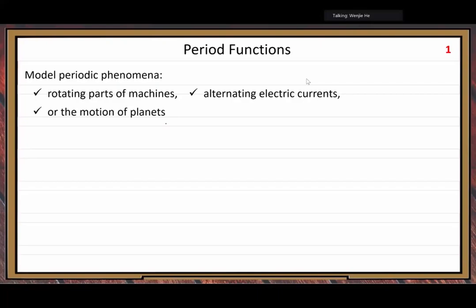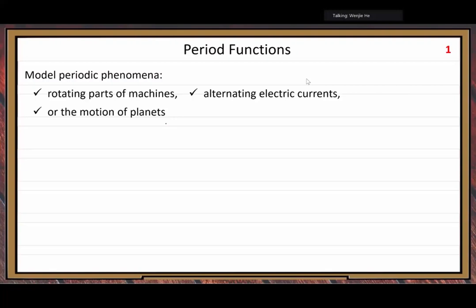But if we can only model the periodic phenomena, that's very limited, right? Because a lot of other things are not periodic.